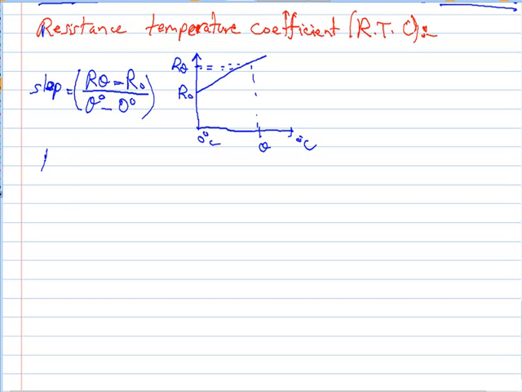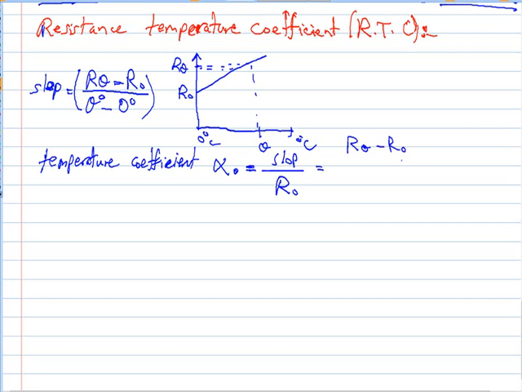So the temperature coefficient alpha 0 is equal to the slope over the initial resistance. The slope is R theta minus R0 over theta minus 0, over R0.